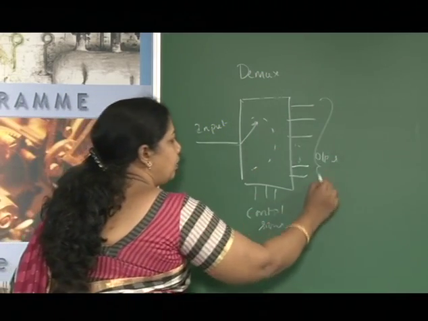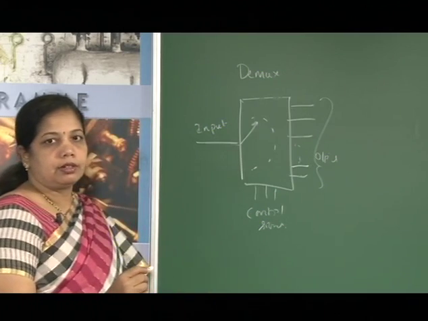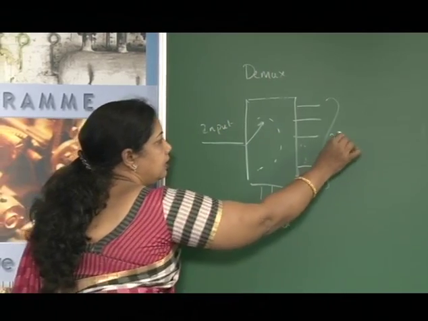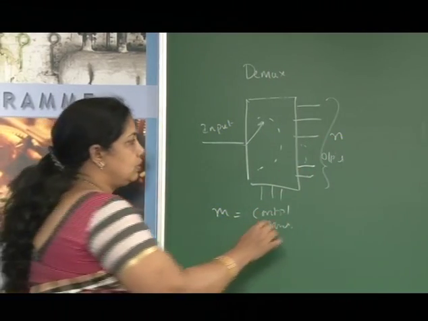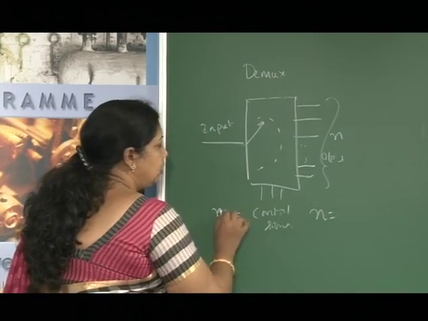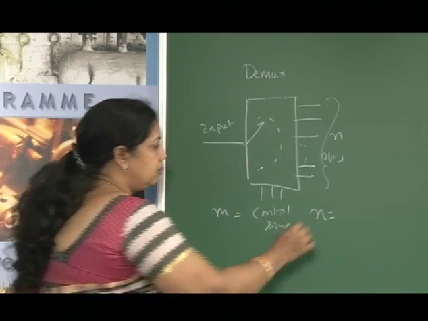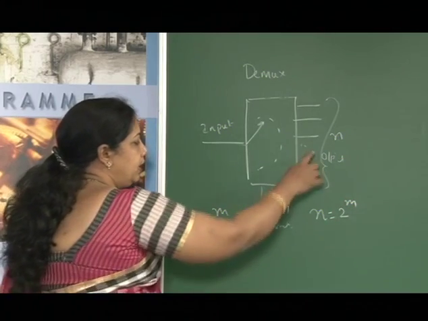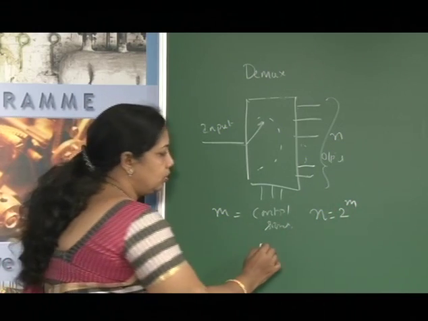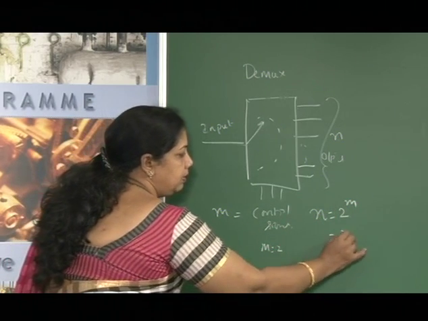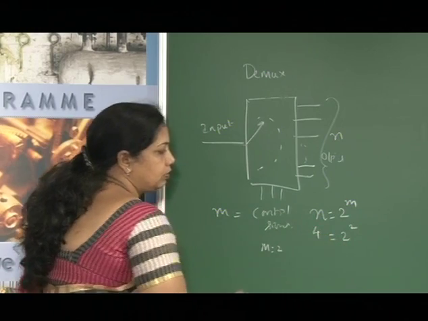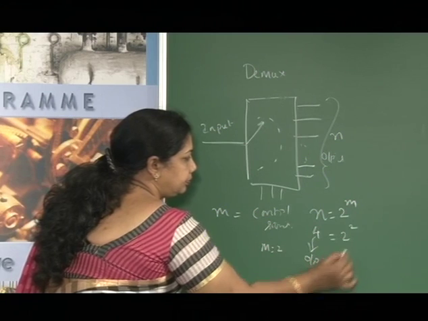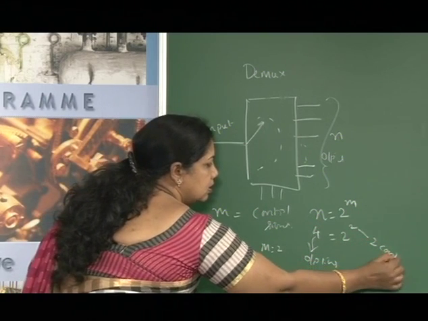So we have m control lines and n output lines, where the relation between m and n is n equal to 2 power m. Whenever m is equal to 2, I will be having 4 output lines and 2 control signals.